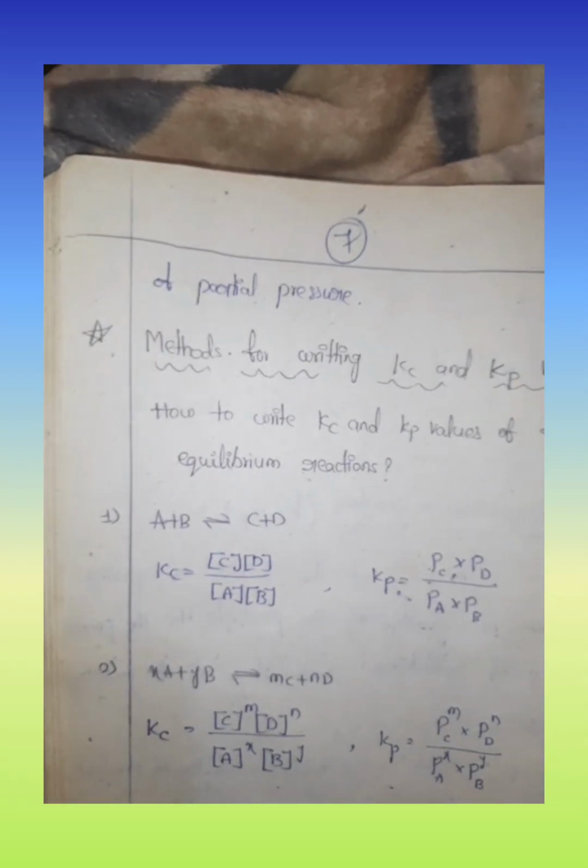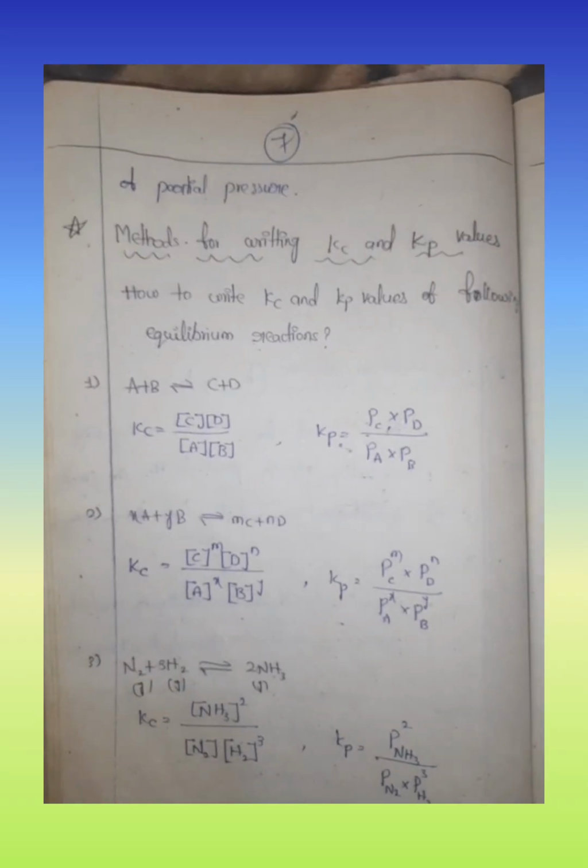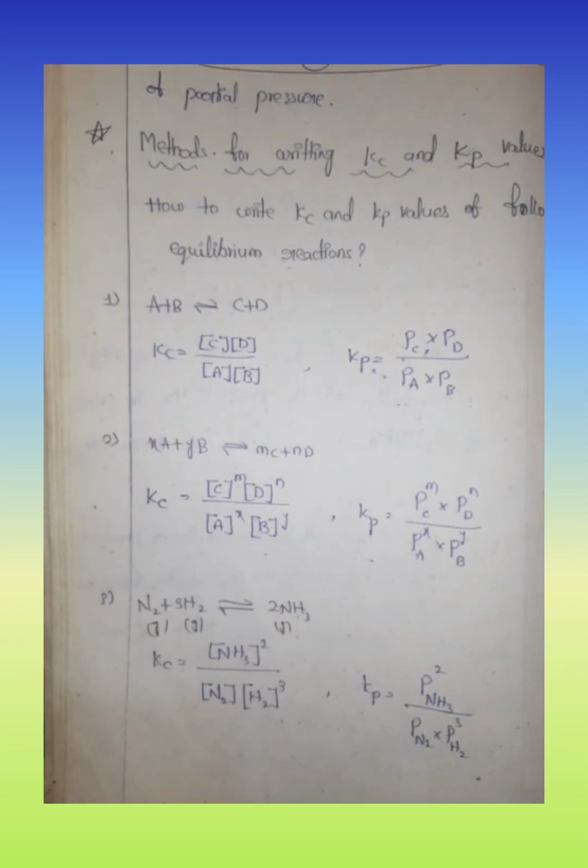Kp equals the product of the products divided by the product of the reactants, where Kp is the equilibrium constant in terms of partial pressure.